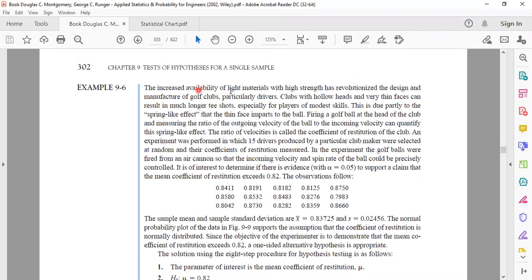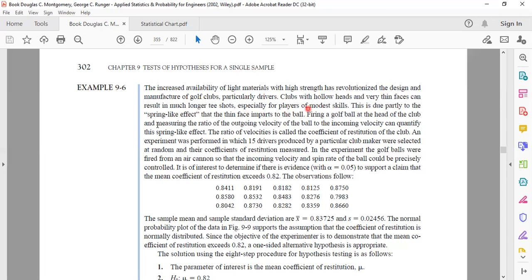The increased availability of light materials with high strength has revolutionized the design and manufacture of golf clubs, particularly drivers. Clubs with hollow heads and very thin faces can result in much longer tee shots, especially for players of modest skills.